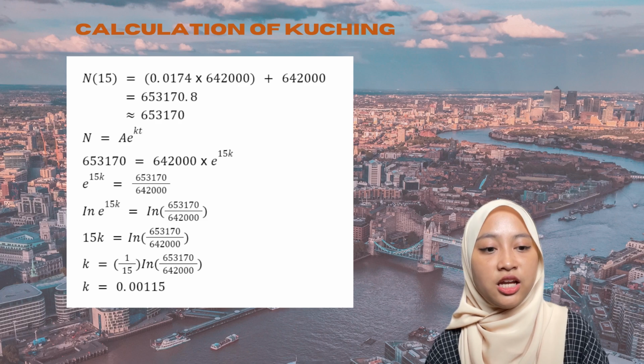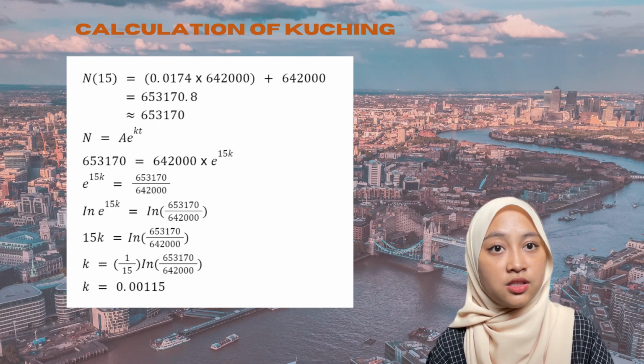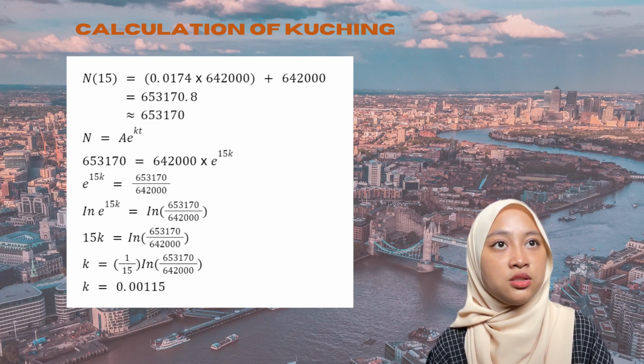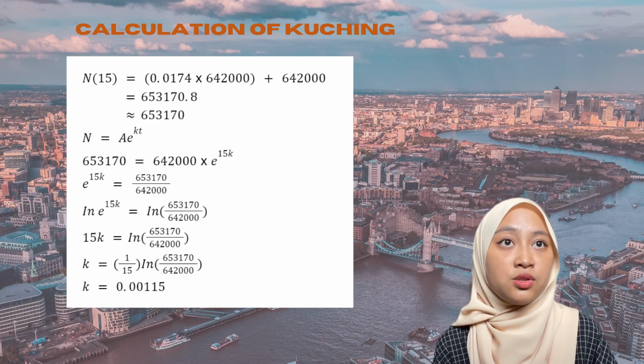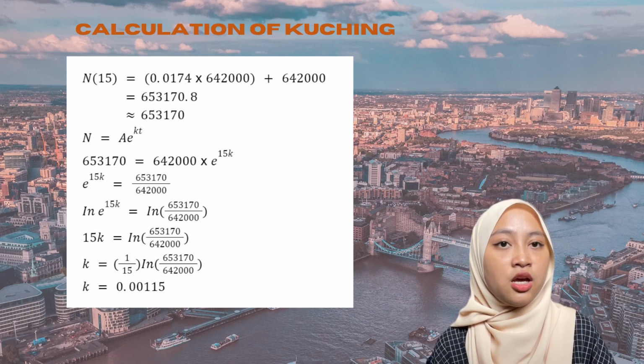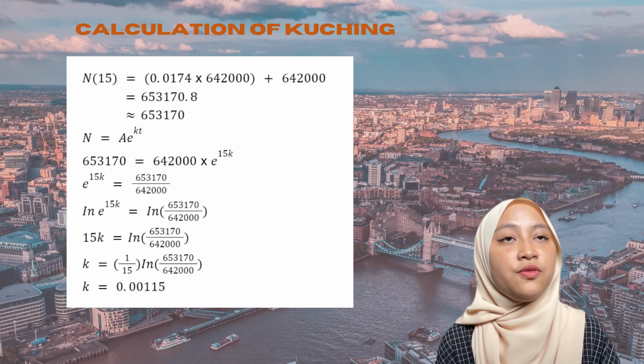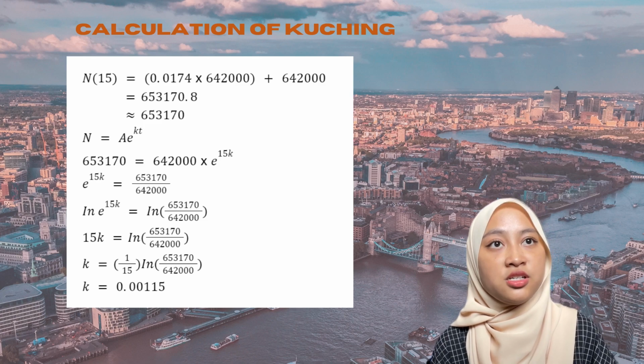The percentage of population increase for the next 15 years is 1.74%. We can calculate the number of population after 15 years, that equals 0.0174 times 642,000 plus 642,000. That equals 653,170.8. So the number of population after 15 years is 653,170.